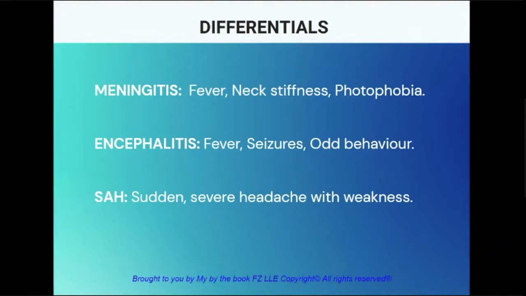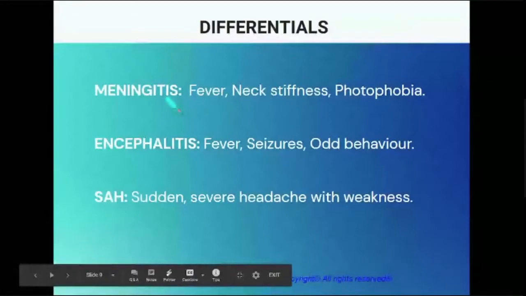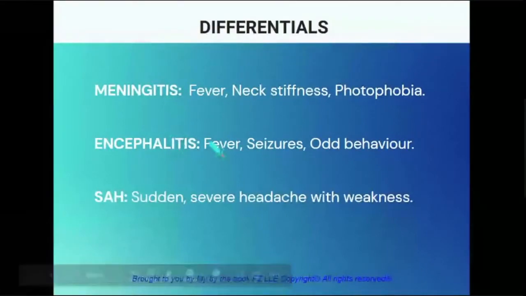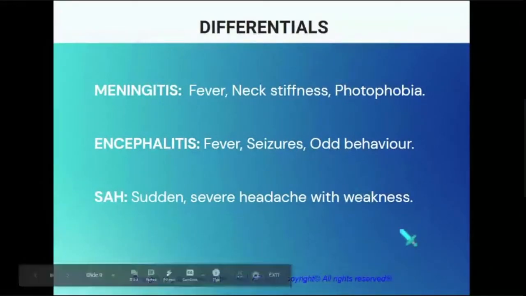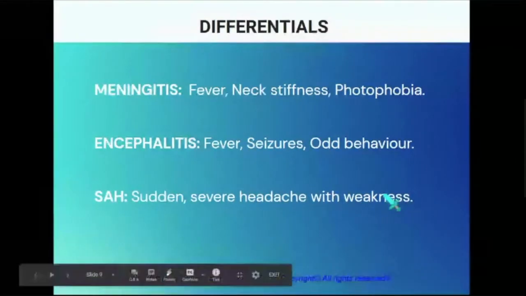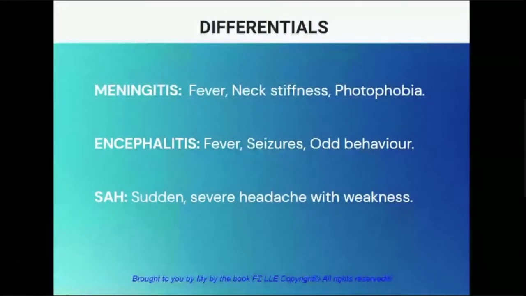Okay, the added information which might differentiate meningitis from encephalitis is history of odd behavior, and for subarachnoid hemorrhage, weakness. When you are doing a head-to-toe examination, that's when you will find out about the weakness. You can even find out about weakness in your GCS.